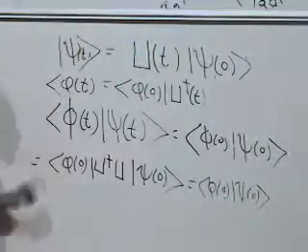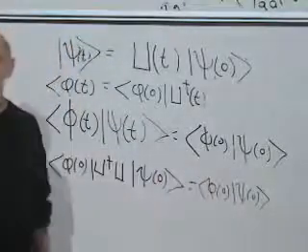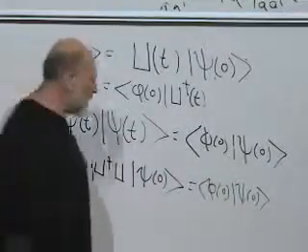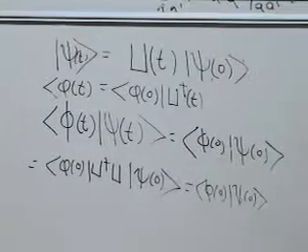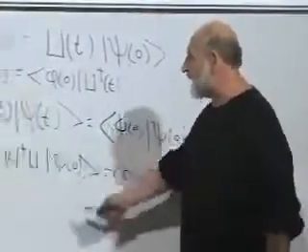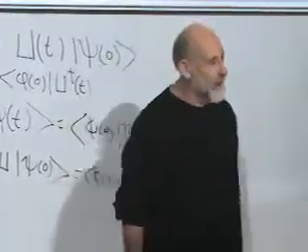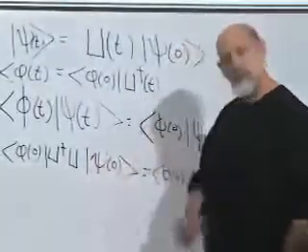And this is presumed to be true for every pair of vectors psi of 0 and phi of 0. Well, I won't prove this, this is more or less obvious. If an equation like this is true for every pair of vectors in the vector space, there's only one conclusion, and that conclusion is that u dagger u must be the unit operator.